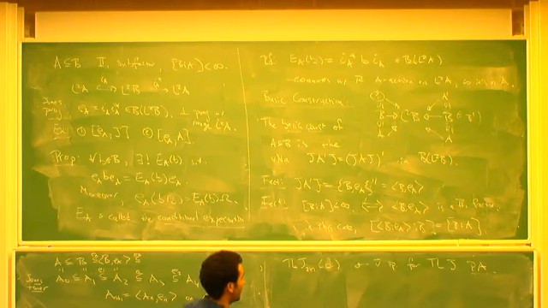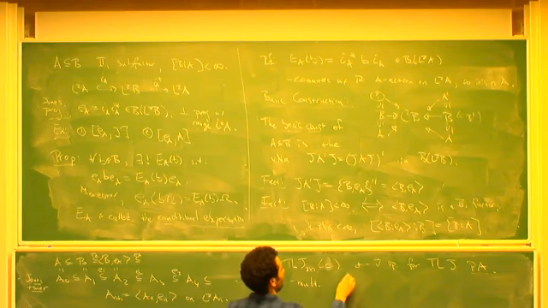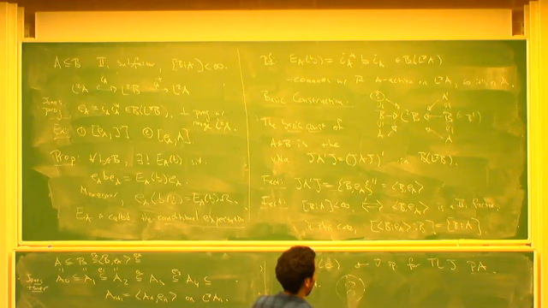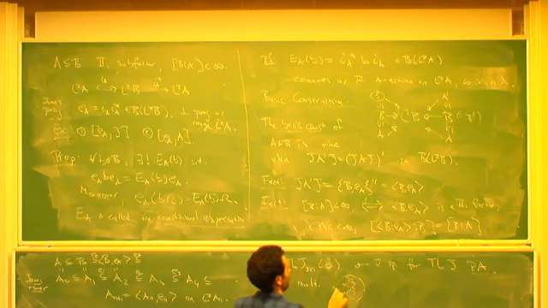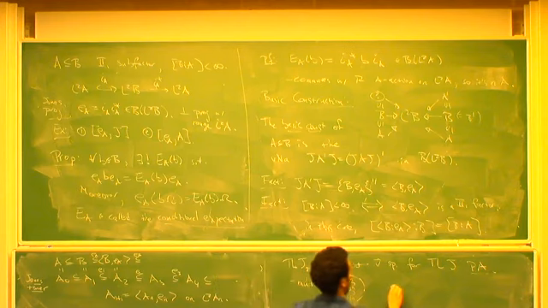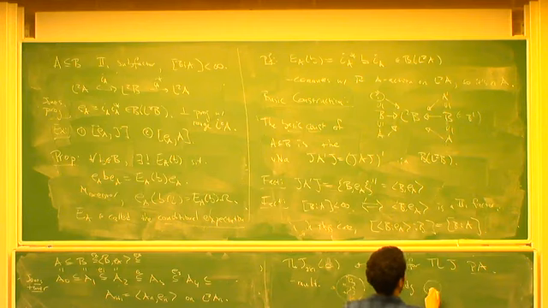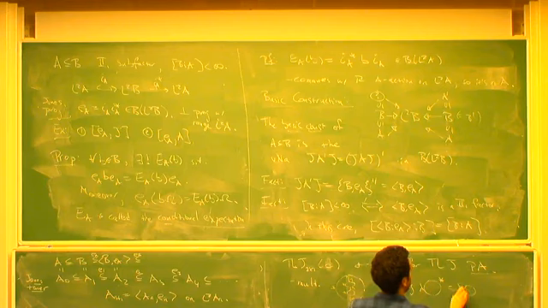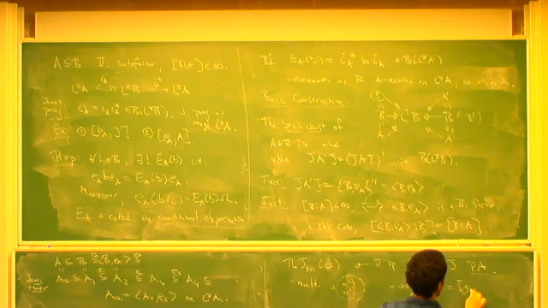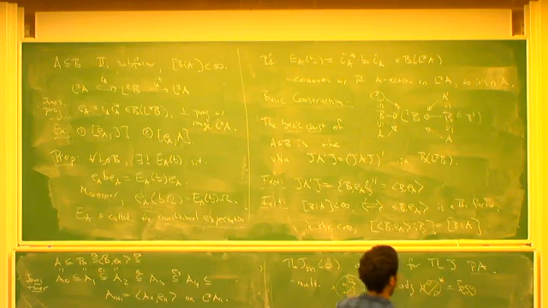We saw it had a multiplication given by this. We saw it had an adjoint, which was given by the conjugate linear extension of reflection. Okay? And then we saw that there was a trace.